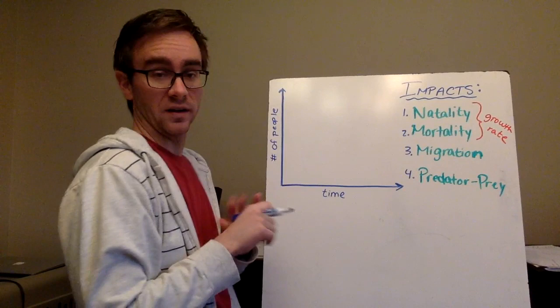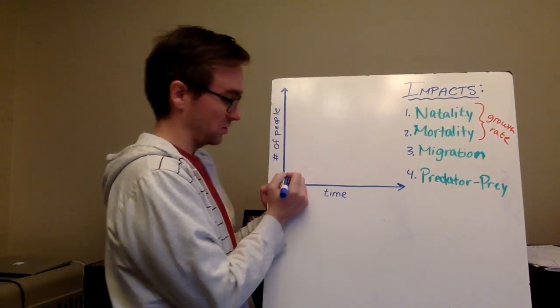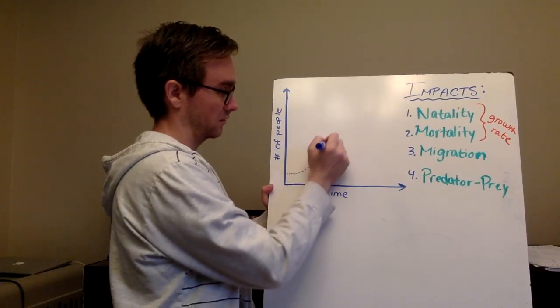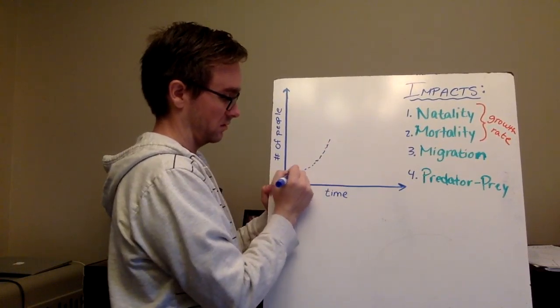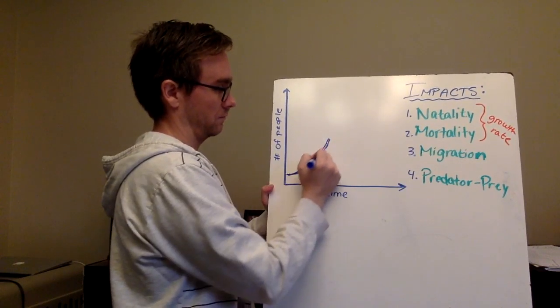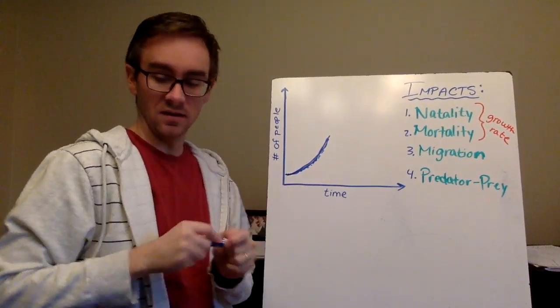You're going to get a lot of babies, a lot of growth in the population. Your population is going to start to grow dramatically. You're going to get this big spike in the growth rate.